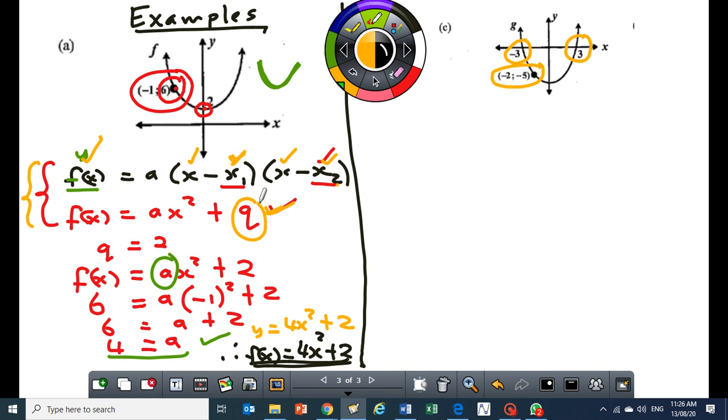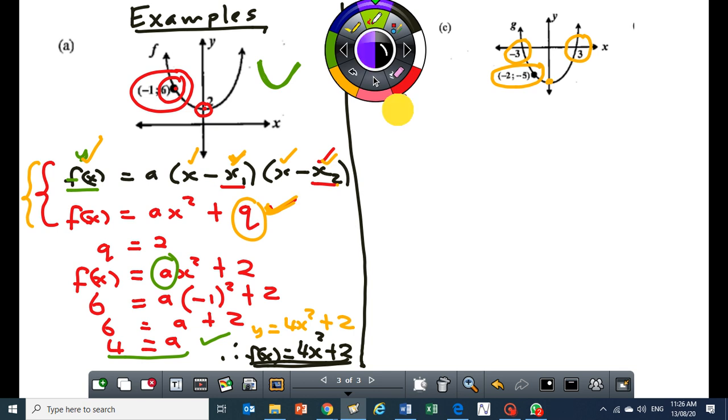Remember, q is a y value, also called the y-intercept. So the q is supposed to be here, but there is no value. So we can't use the second equation. Alright? We can't use the second equation. Okay, so I'm going to use the first equation here.